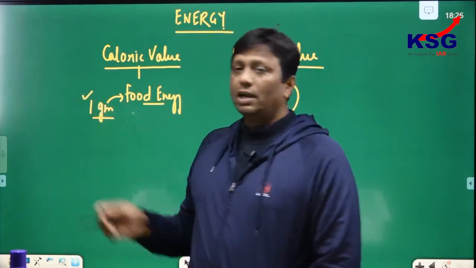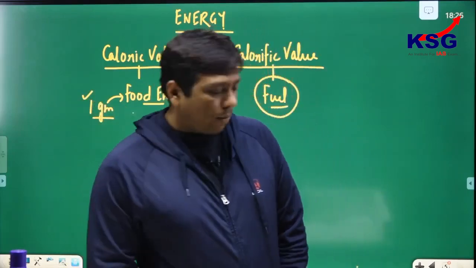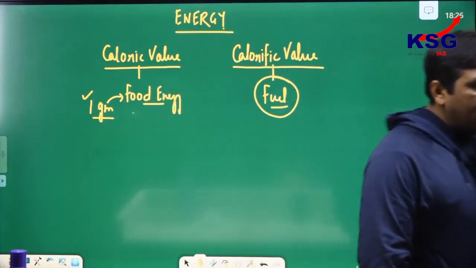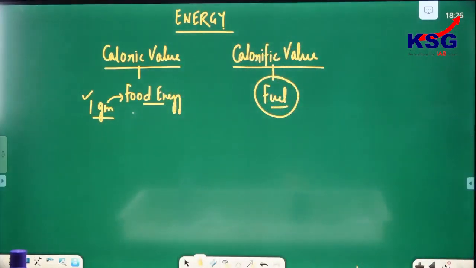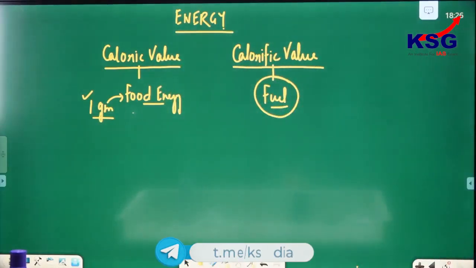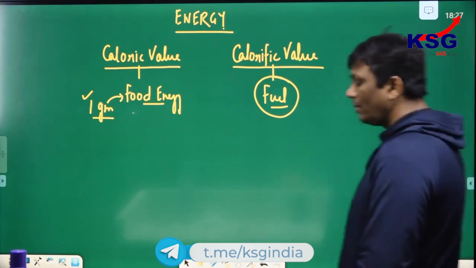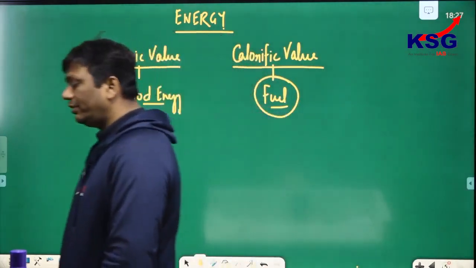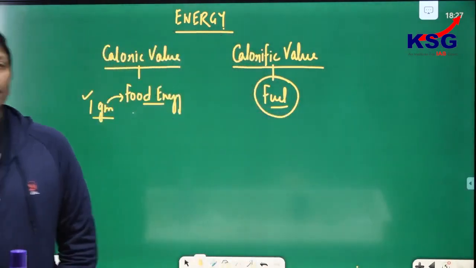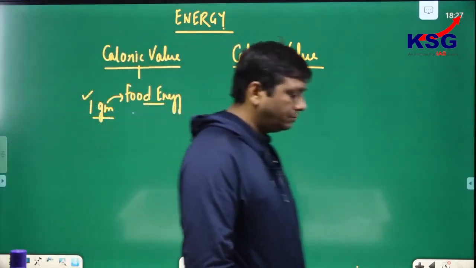When 1 gram of food dissociates in the human body, the heat or energy generated is the calorie value of food.